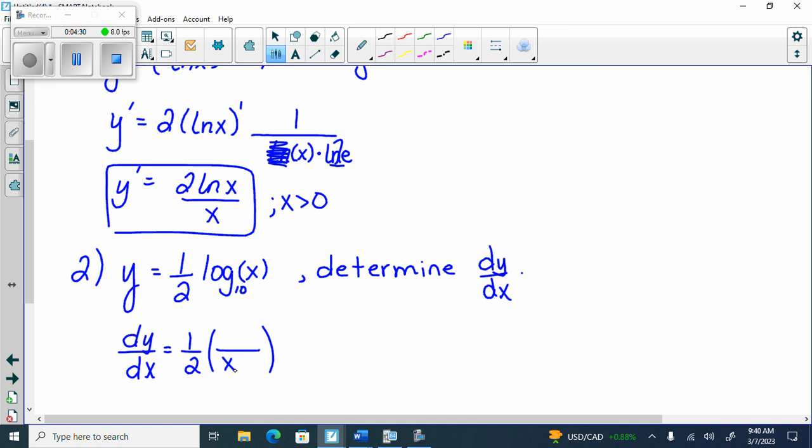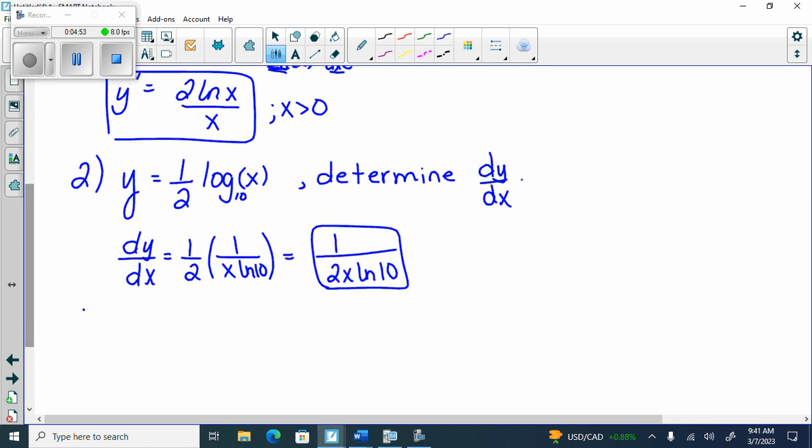The derivative of it in the numerator, what's the derivative of x? 1. And then we have to remember to put ln 10. So my answer is actually going to be 1 over 2x ln 10.